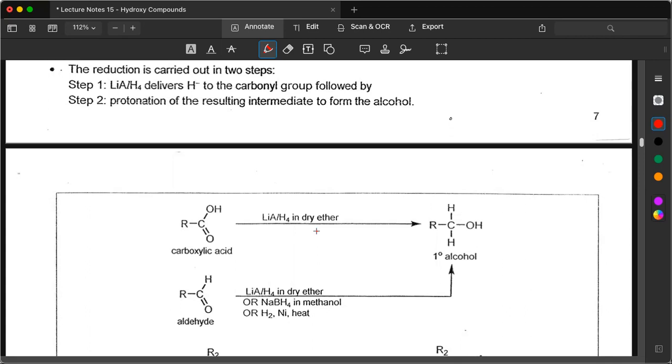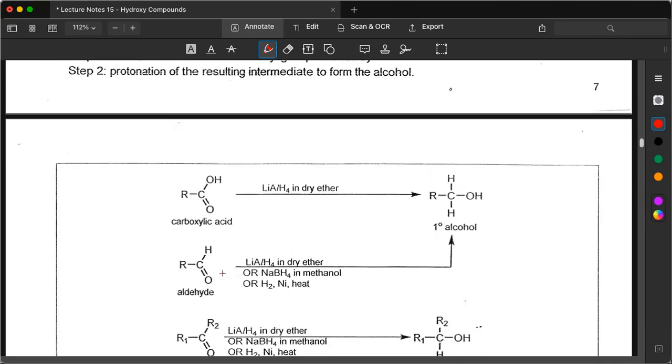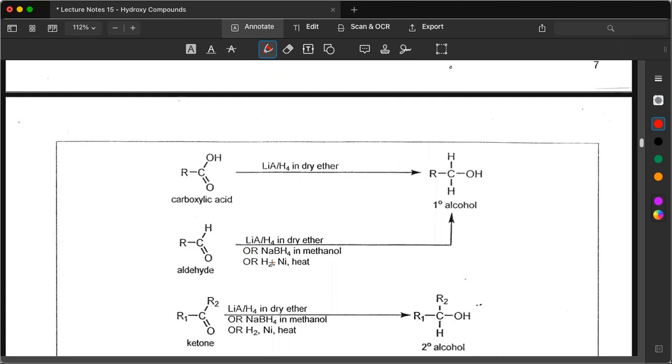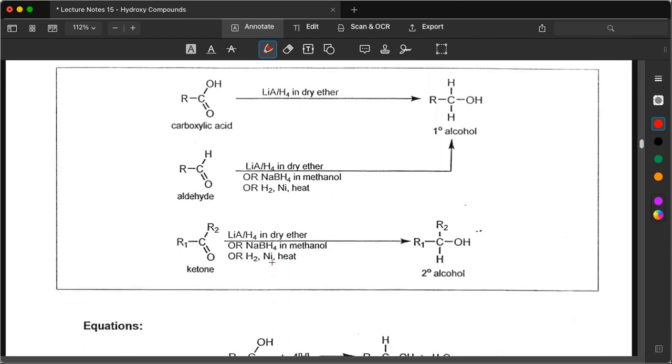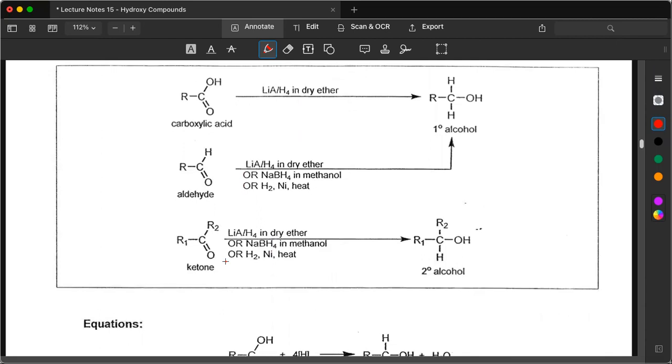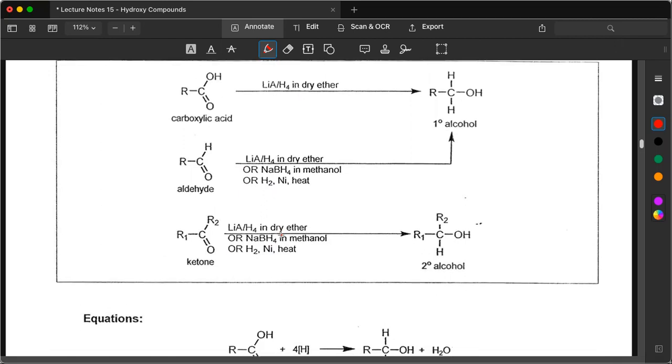So for this carboxylic acid, it will form primary alcohol. Aldehyde can also be reduced to form primary alcohol, and there are also other possible reagents and conditions for the reduction. Ketone is used to form secondary alcohol, using similar conditions and reagents.